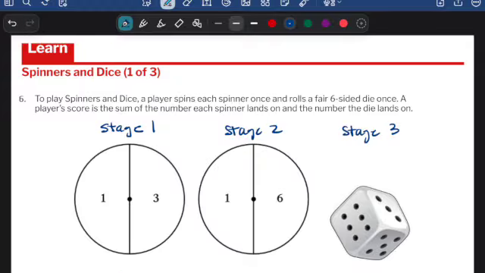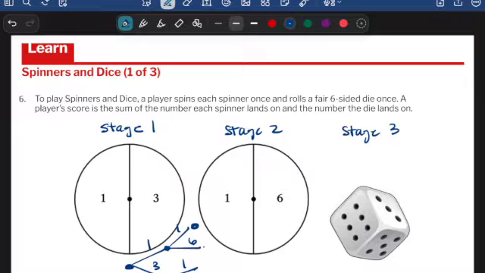Here's our first dot for stage 1. We have 2 possibilities. We could spin a 1 or we could spin a 3. Then stage 2 would get their own dots, and each dot at stage 2 has 2 possibilities. We could spin a 1 or a 6.